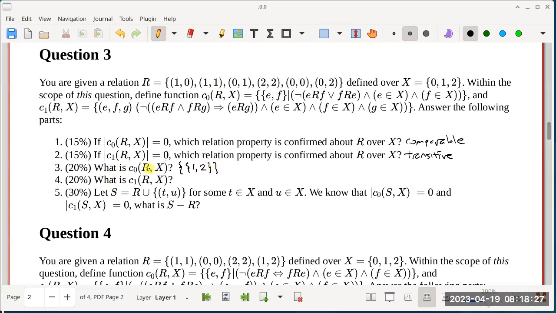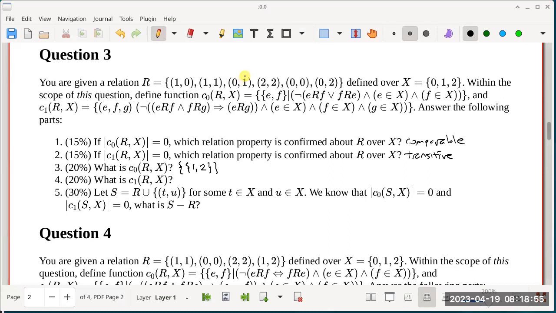And then C1 is looking for evidence that this relation is not transitive. So we'll take a look here and see whether it is transitive or not. We see 1, 0, 0, 1, and 1, 1 is here, 0, 0 is here. It's good. 0, 1 is here.